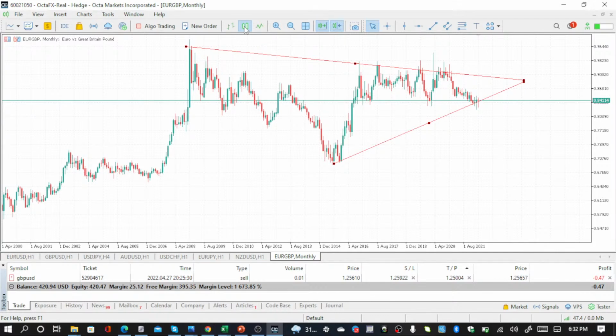Right now, we can also identify certain levels of support and resistance on this same platform.